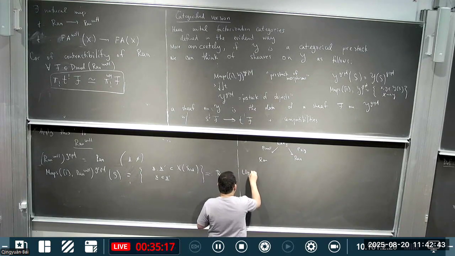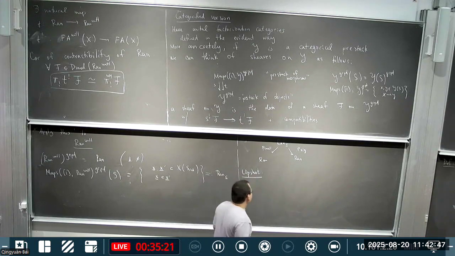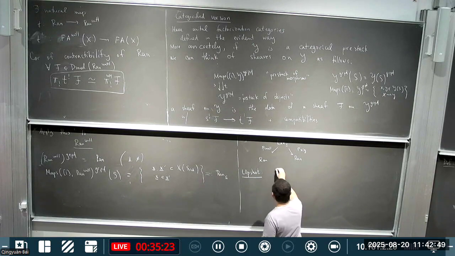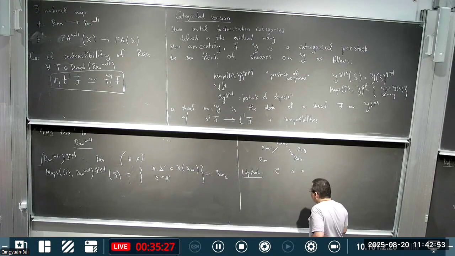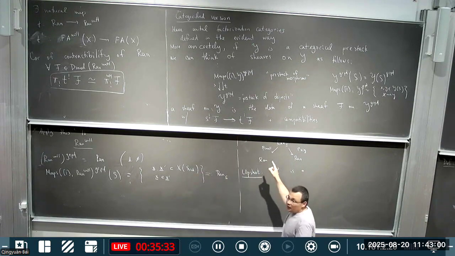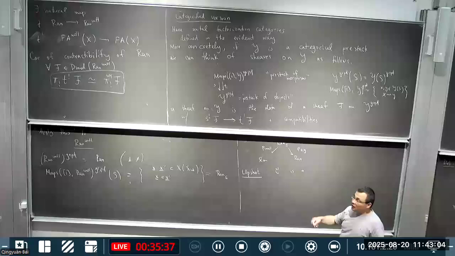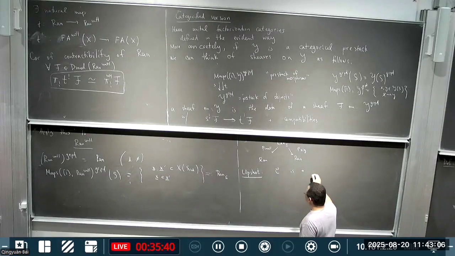So the upshot is, notice that in this description Y groupoid maps to Y, and the sheaf that you're supposed to associate on Y groupoid is the restriction. So suppose C is a factorization category.